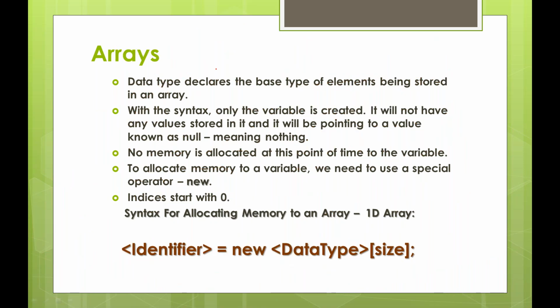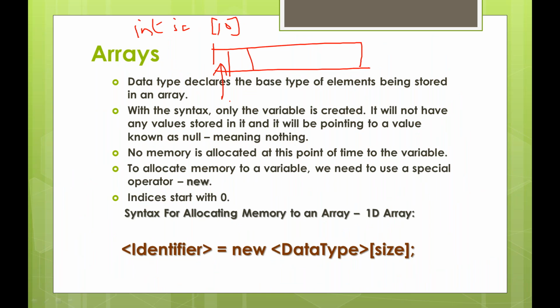Let me clear everything. Assume that I have declared int I is equal to some 10 elements. This is the first element, 0th index, say for example this is 1.